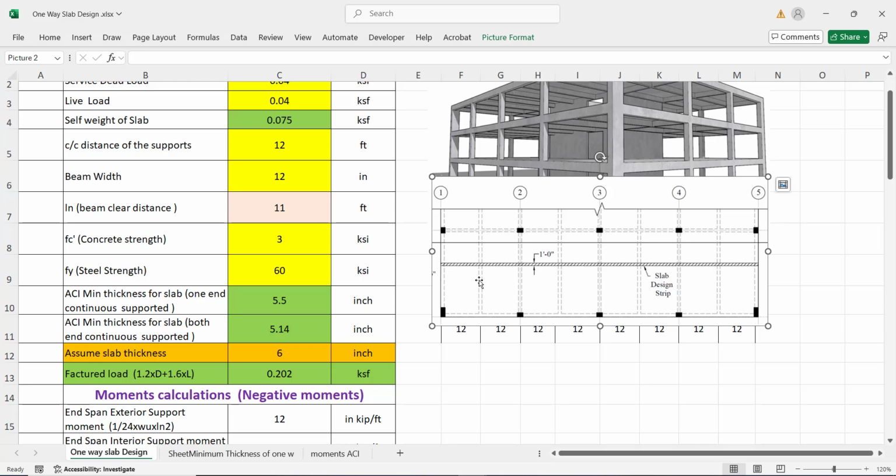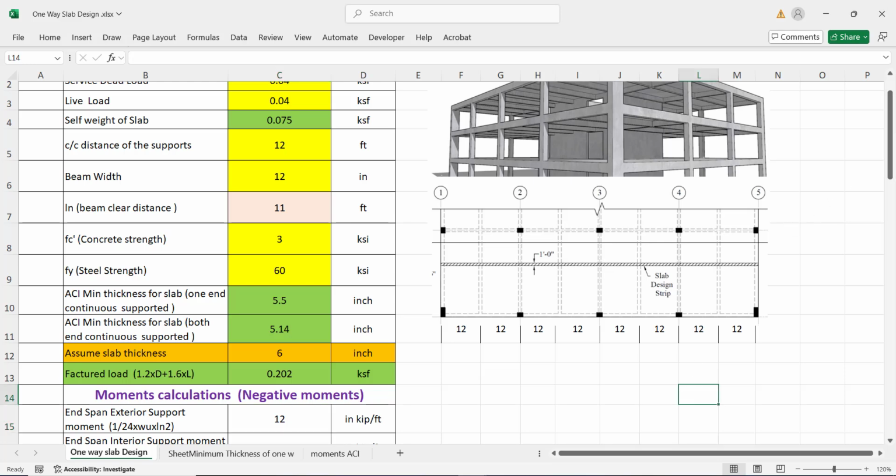Okay, so this one, exterior one, is the end span exterior support is 1 by 24. So here it will be like weight, factor weight into clear span square divided by 24. So this is one moment.